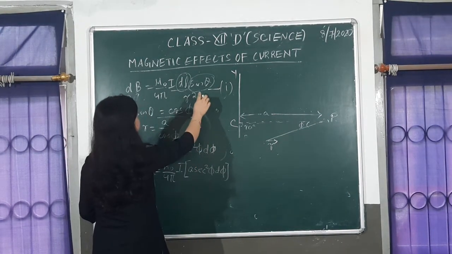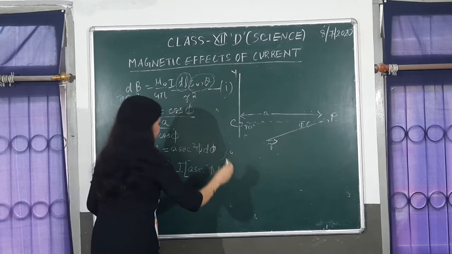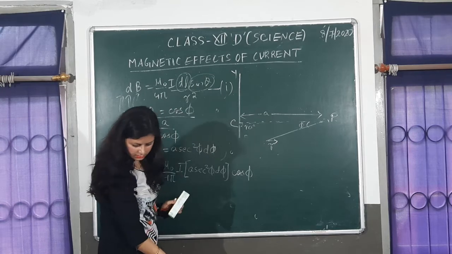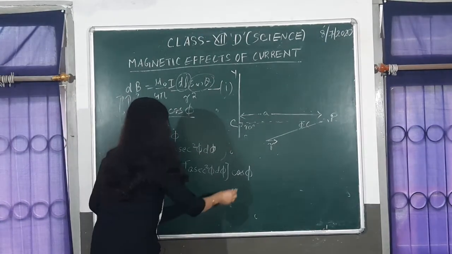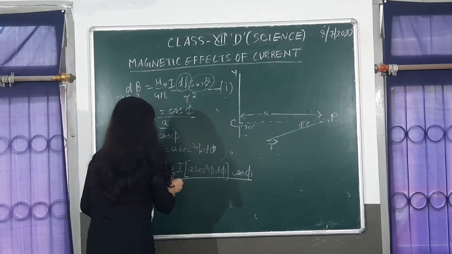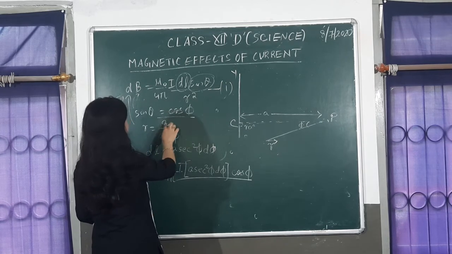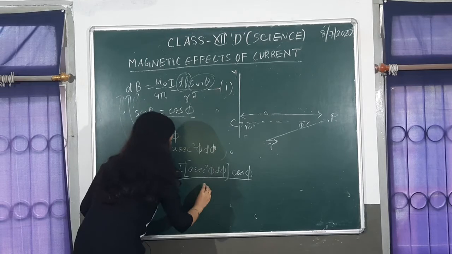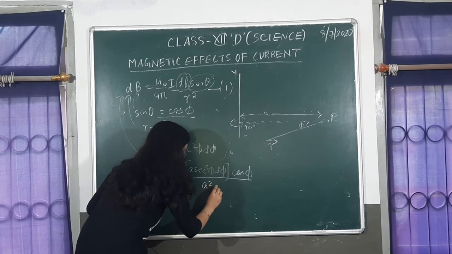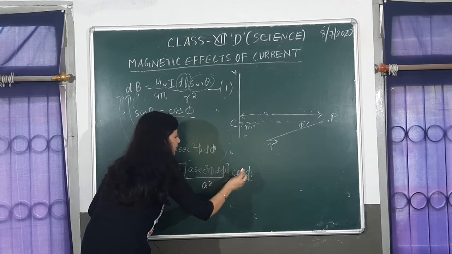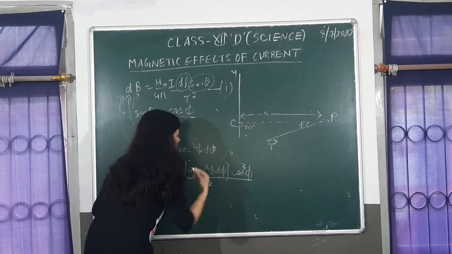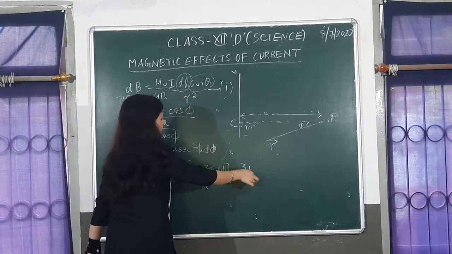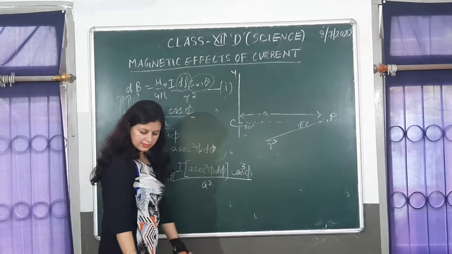and sin theta is cos phi by R. R is A by cos phi. Because we have R square here, I will write A square and this cos square phi will go up here. So directly I can write it as cos cube phi. You know sec phi and cos phi are just reciprocals of each other.